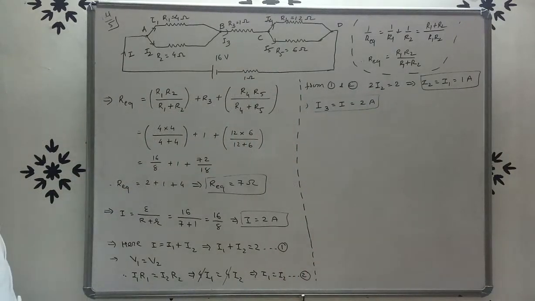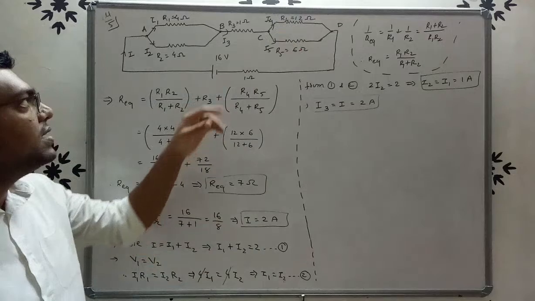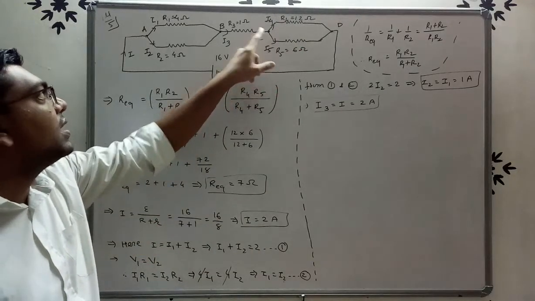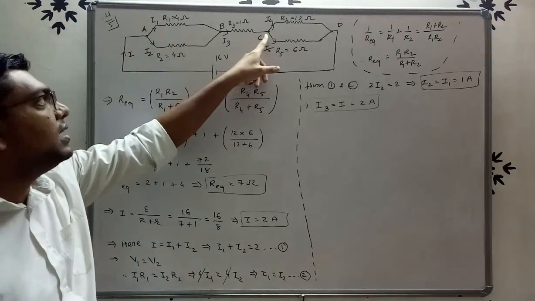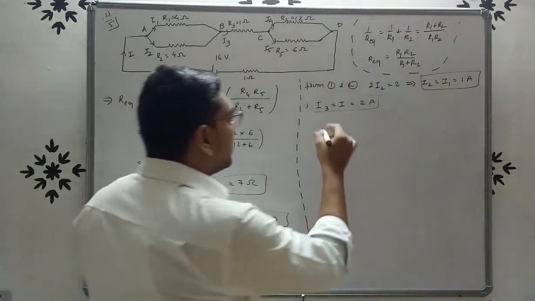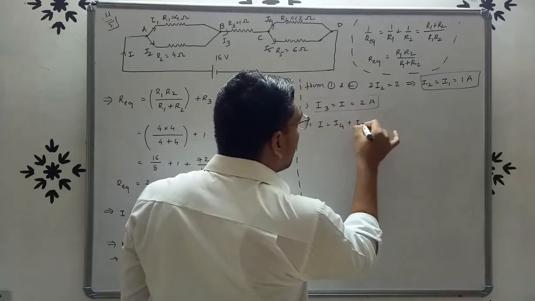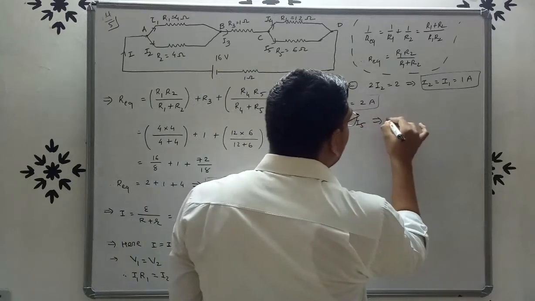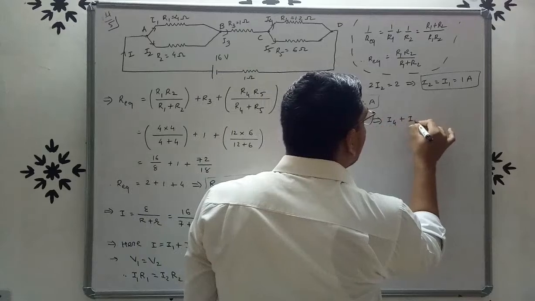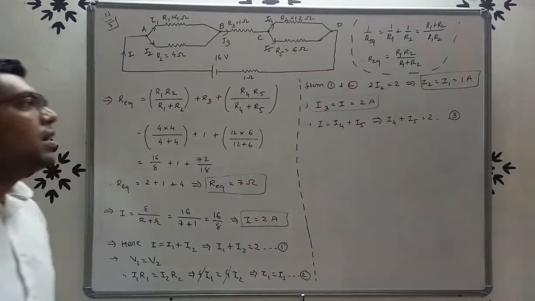Then we have to find out the current for R4 and R5. Again friends, here the total current is I, and this current is divided into two parts, I4 and I5. So again from the figure, I is equal to I4 plus I5. So we can write that I4 plus I5 is equal to 2, that is equation number 3.